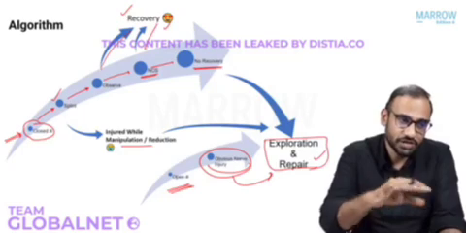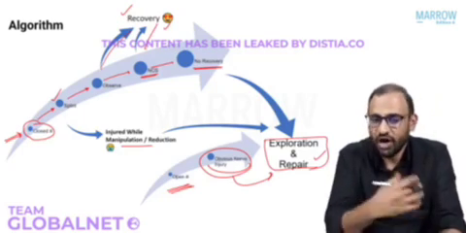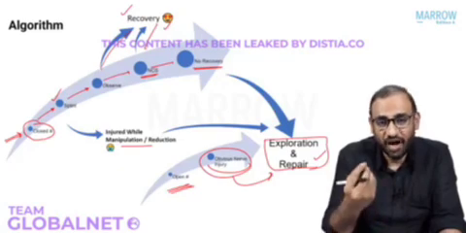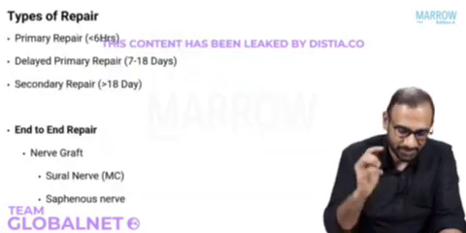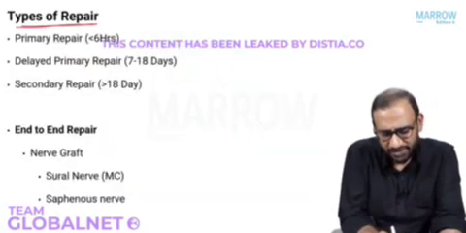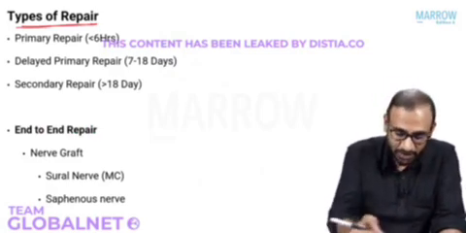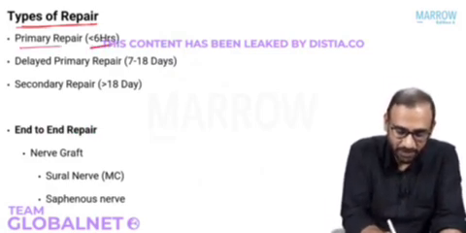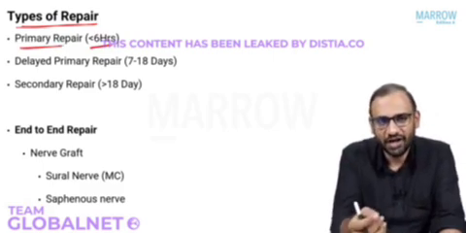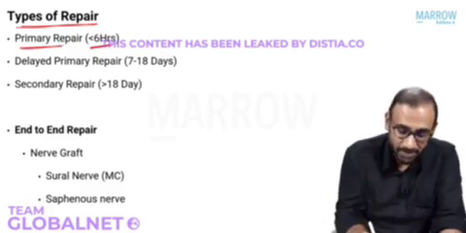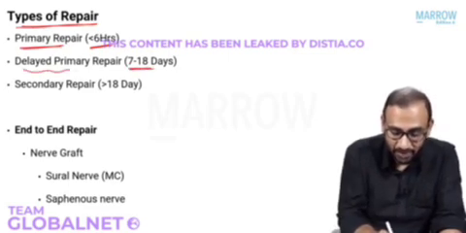Now suppose you know that there is a nerve injury. How will you attempt to repair and what are the types of repair and what are the outcomes of those repairs? Let's see that. So types of repairs of the nerve depend on the duration after the injury. If you repair it within 6 hours, we call it primary repair. This is usually done for nerve injuries associated with very clean-cut injuries. 7 to 18 days, delayed primary repair.